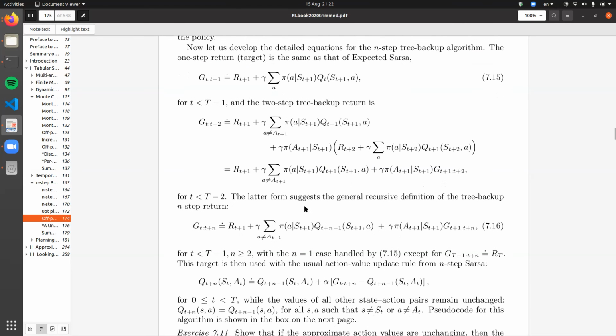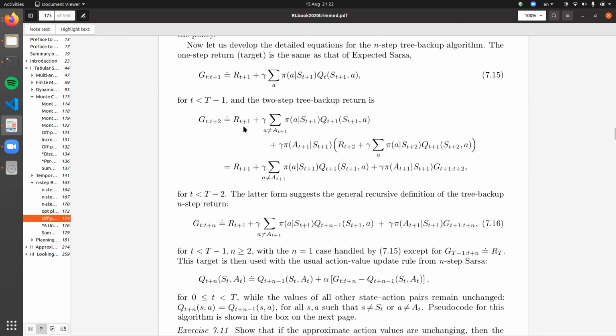So let's expand it to 2 time steps. Now we will sum over all possible actions at time step t+1 except the actual action we took, right?